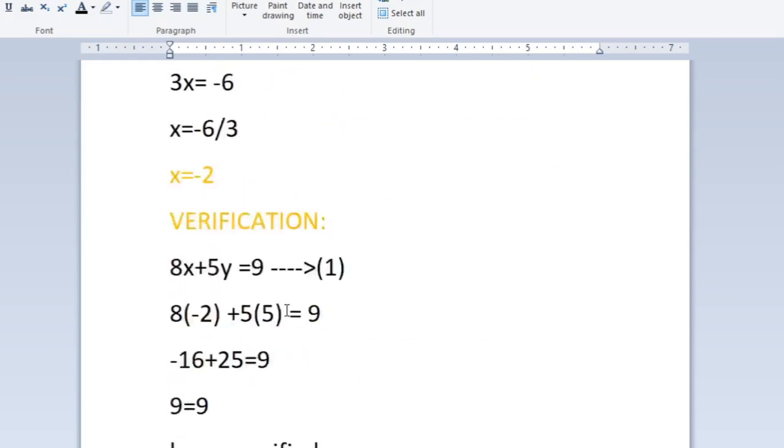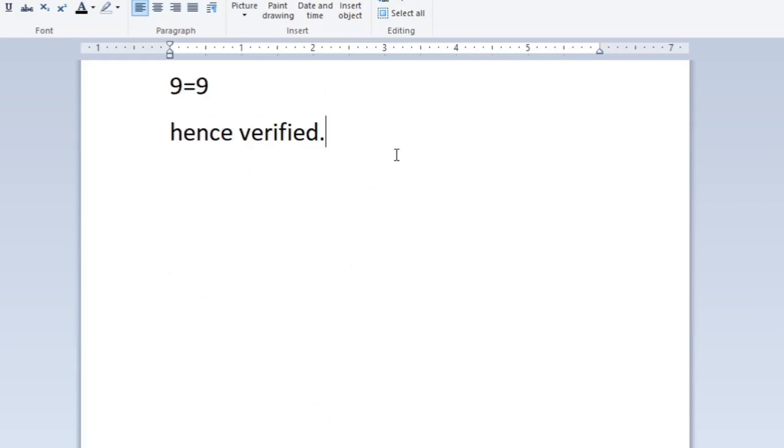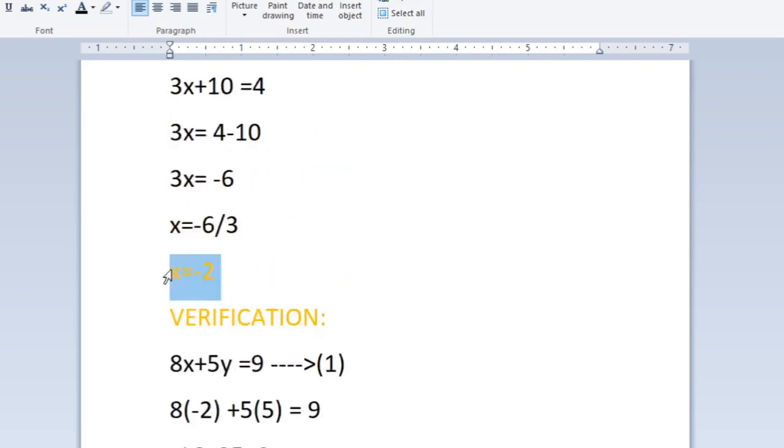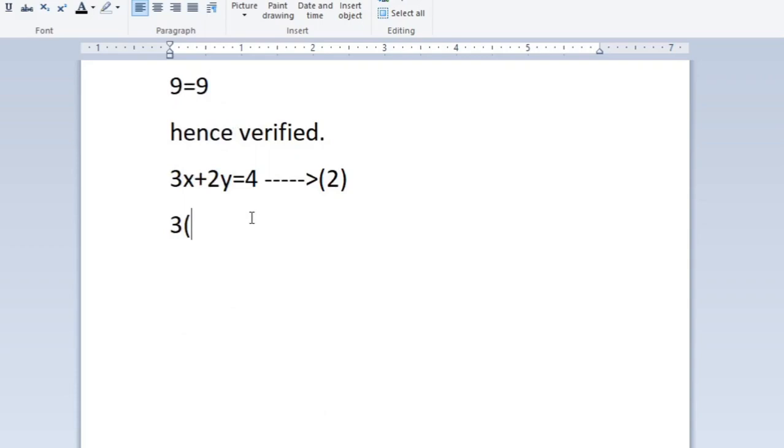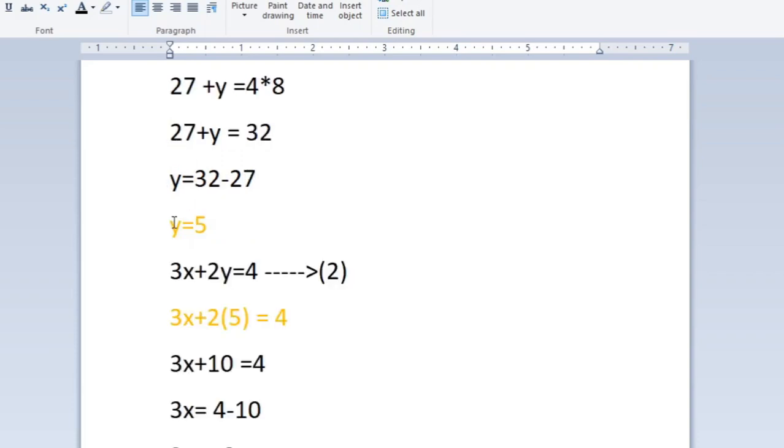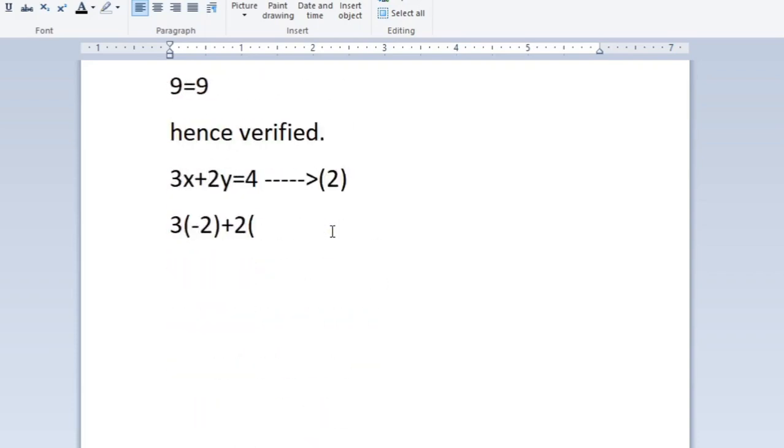It is nothing but 3x plus 2y is equal to 4. Then you go to substitution. 3 of x is how much? Minus 2. Therefore, 3 of minus 2 plus 2. What is the value of y? y is 5. Therefore, you write the value of y, that is 2 fives is equal to 4.